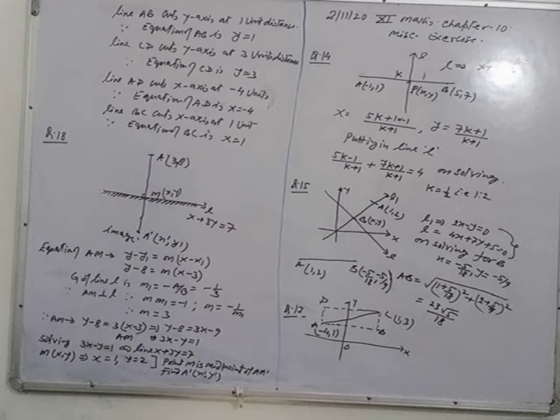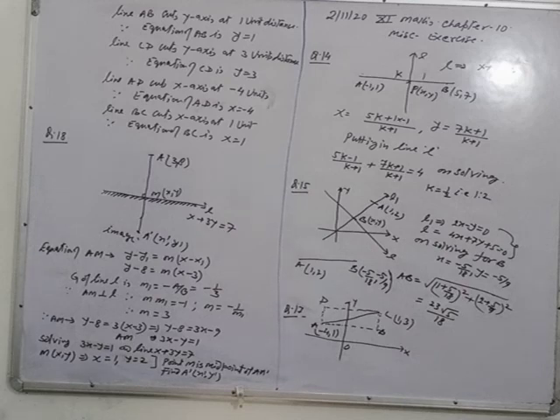AM and the line L intersect at point M. So for the coordinates of M, solve both the equation of AM and the equation of line L to find the coordinates of M (x, y). After solving you will get x is equal to 1 and y is equal to 2.